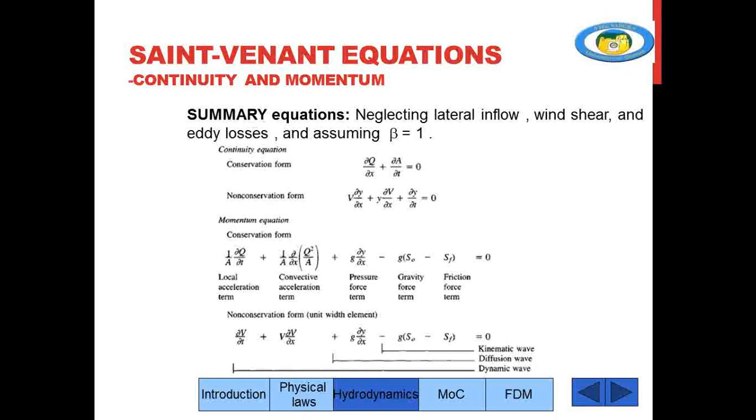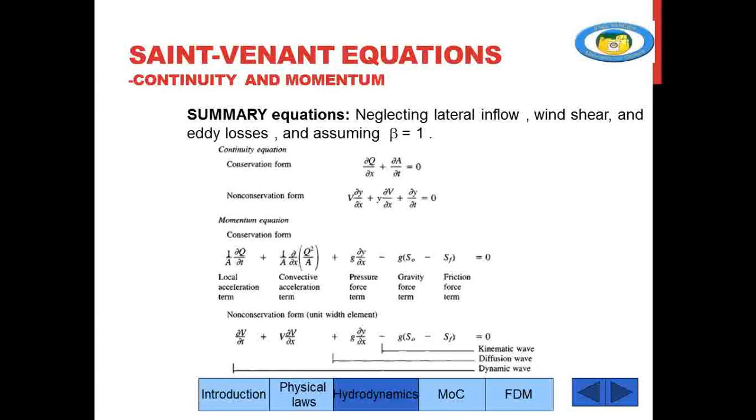Sometimes we also describe the non-conservation form of the equation as the primitive form or Eulerian form of the equation. And we have tried to show that the simplest form of the Saint-Venant equation would result in a kinematic wave equation, in which case the bottom slope would have the same magnitude as the friction slope.